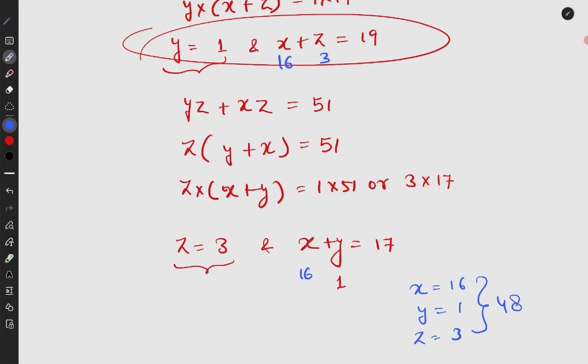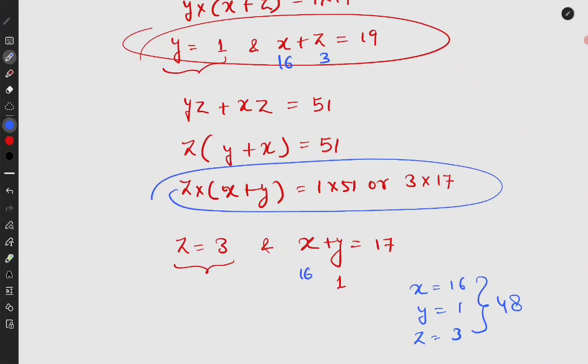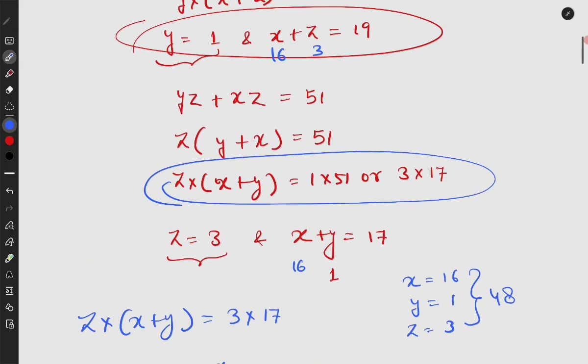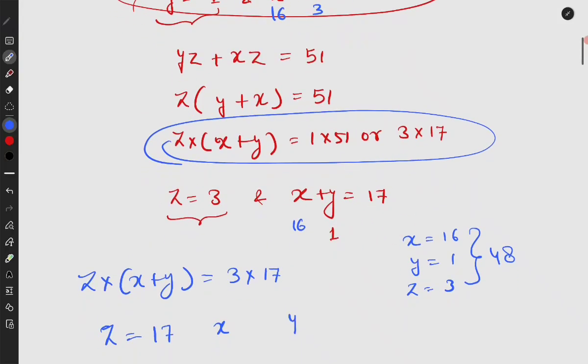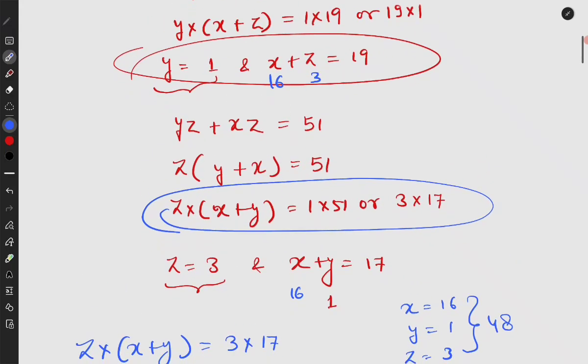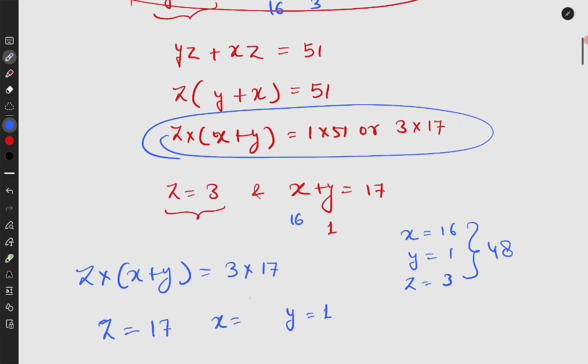Now let's reverse the scene. Let's consider this entirety again. z into x plus y equals 3 into 17. Now this time consider z equals 17, y equals 1 from the previous one, and x will be equal to what? x will be equal to 2.